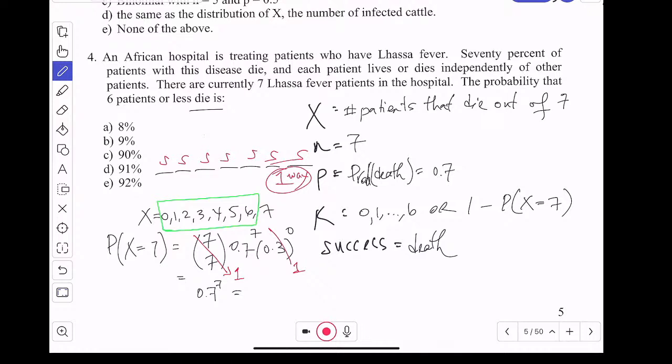Now we're not finished. We have to answer the question. This was just for the probability of 7. We need to take that from 1. What do you get?